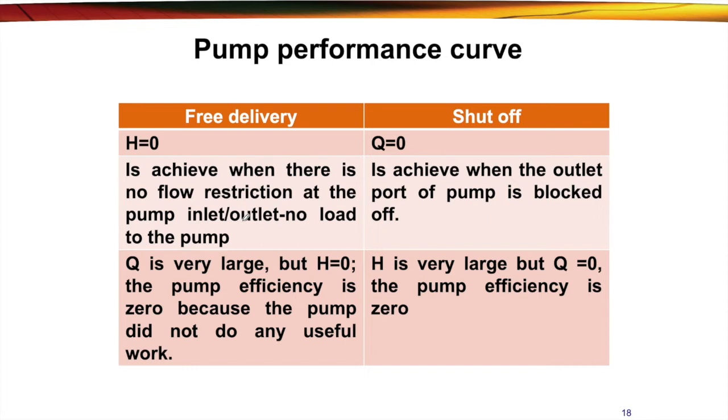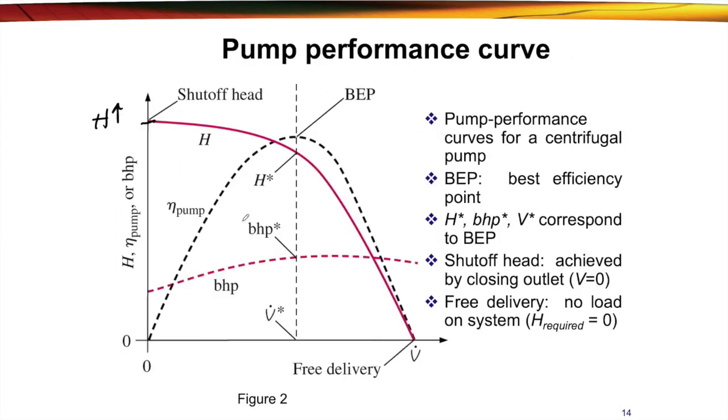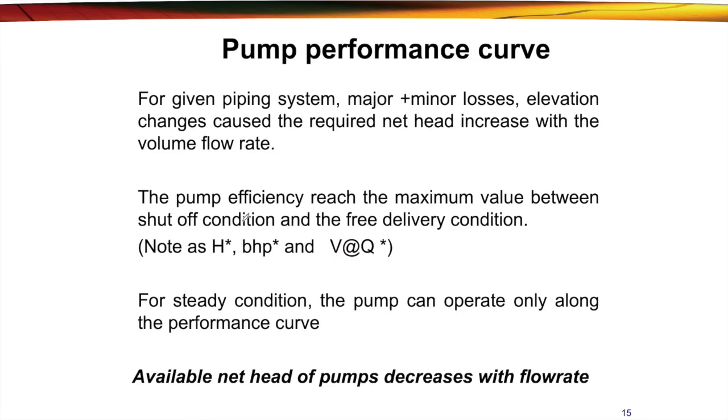Therefore the head is 0 and the delivery is at its highest. Q is very large, but H is 0. The pump efficiency is 0 because the pump did not do any useful work. So that is the pump performance curve.